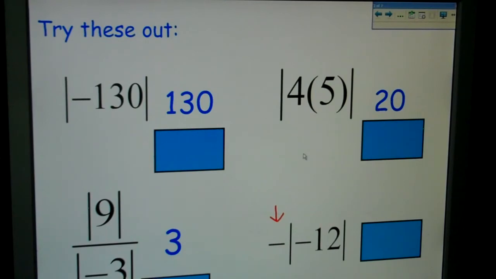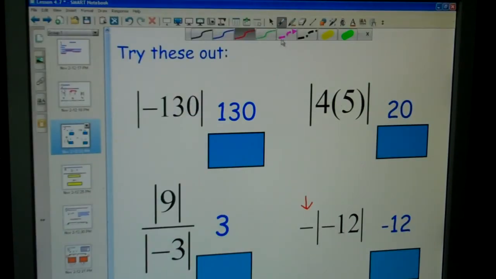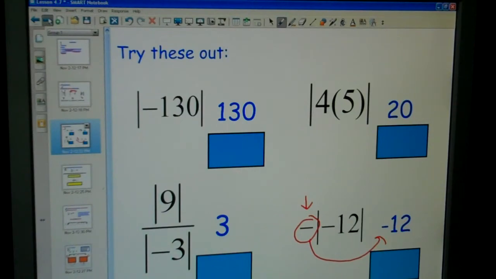This one's tricky because the absolute value of negative 12 is 12. It's just 12 spaces from 0. But then we have this negative sign on the outside. That means the opposite. So what's the opposite of positive 12? Negative 12. The answer is negative 12 because you just drag that negative sign on the outside right over here. It simply means the opposite.